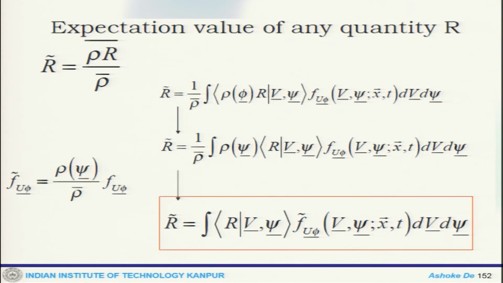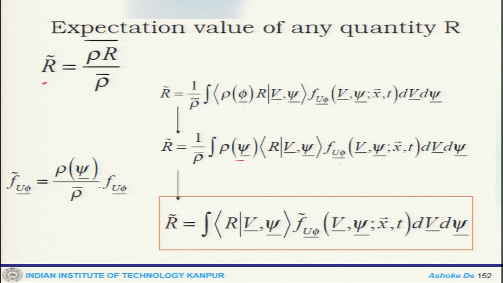Now, if you look at the expectation value of any quantity R, the density average of R, the expectation value would be 1 by rho, R conditioned at V and psi, with respect to the velocity scalar PDF. If we rewrite that, you take rho outside, and R is conditioned on V and psi with respect to the velocity composition PDF.